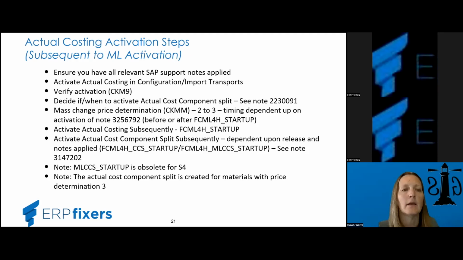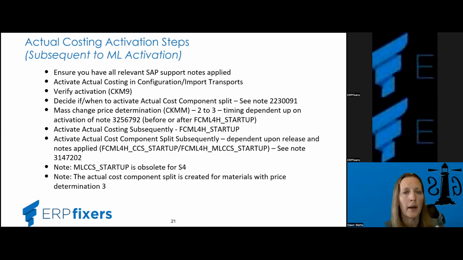And then, basically you're going to go through and change your materials to say whether you want them to be part of the actual costing. So really changing them from a 2 to a 3, so that you're saying these materials I want to be on actual costing going forward.